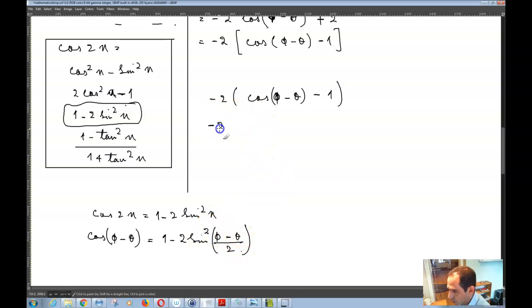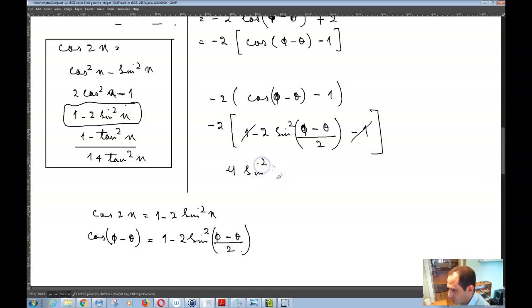So I can write this as negative 2 times 1 minus 2 times sine squared phi minus theta divided by 2, and you have a negative 1 over here, and that's it. Now these two you can cancel out, and then you can multiply these two, you get positive 4 sine squared phi minus theta divided by 2.